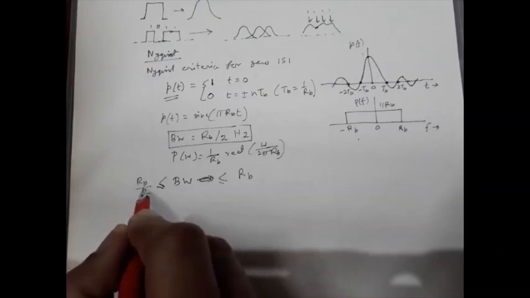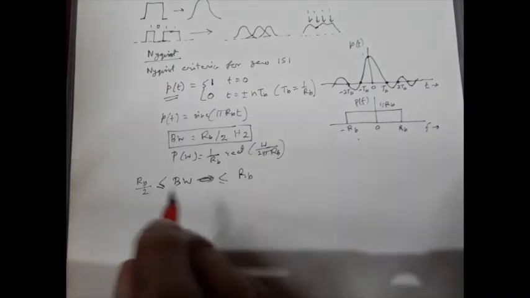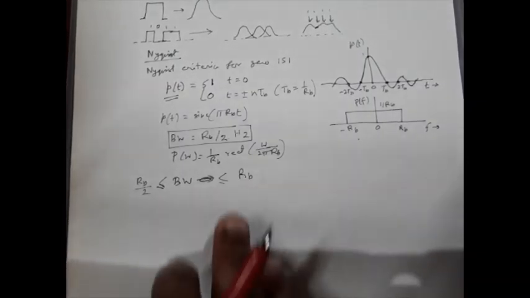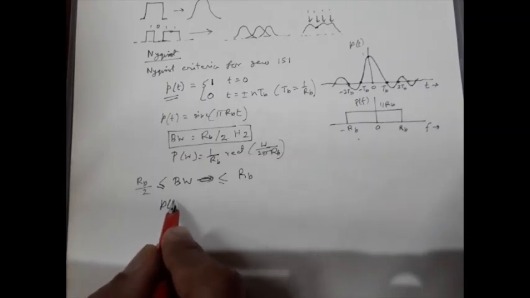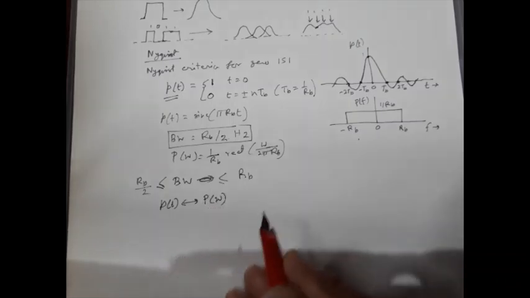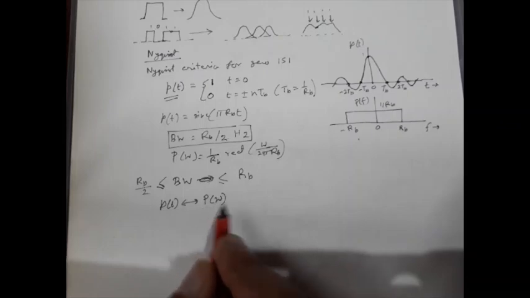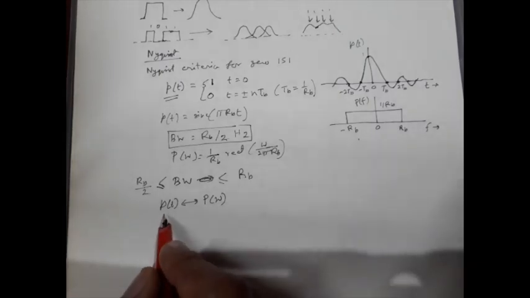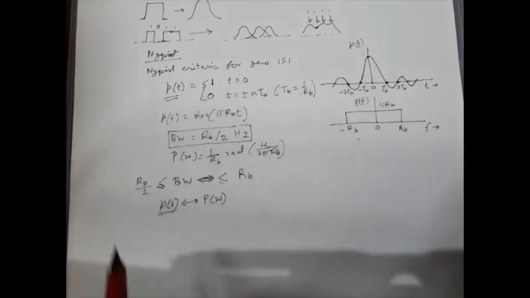So we are allowing some more bandwidth, but we are restricting it to not go beyond RB. So this is our criteria for the selection. Let us assume that PT is our pulse shape and its corresponding spectrum is this. Now this pulse PT must satisfy this criteria that is implied.